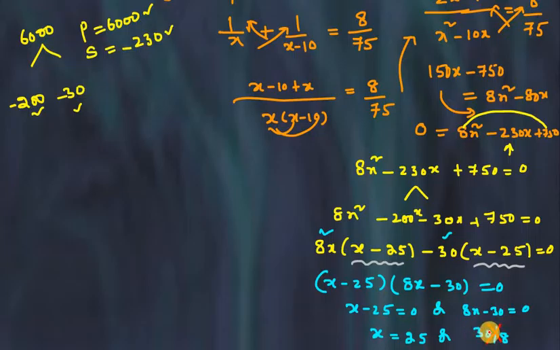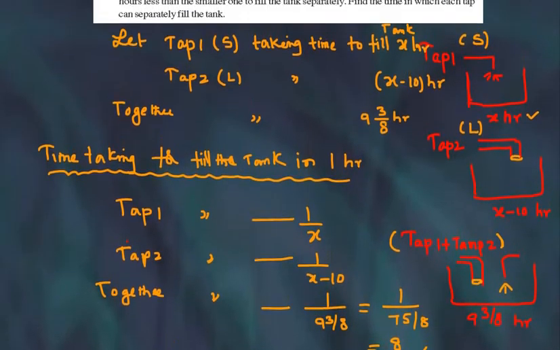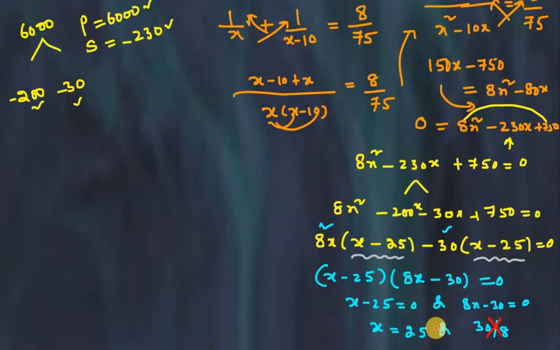How can it take 10 hours less than this? So do you understand the point? Tap 1 is taking 30 by 8 hours. This is already less than 10. But in the question he has given that the second tap is taking 10 hours less time. So here the valid solution is 25 hours.